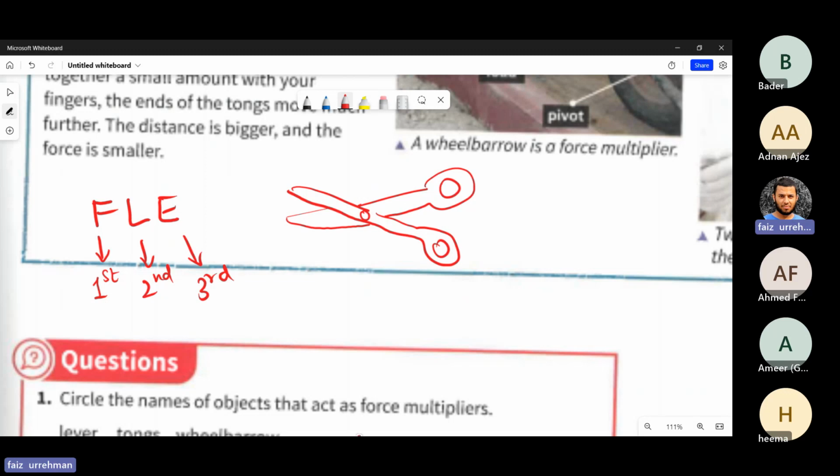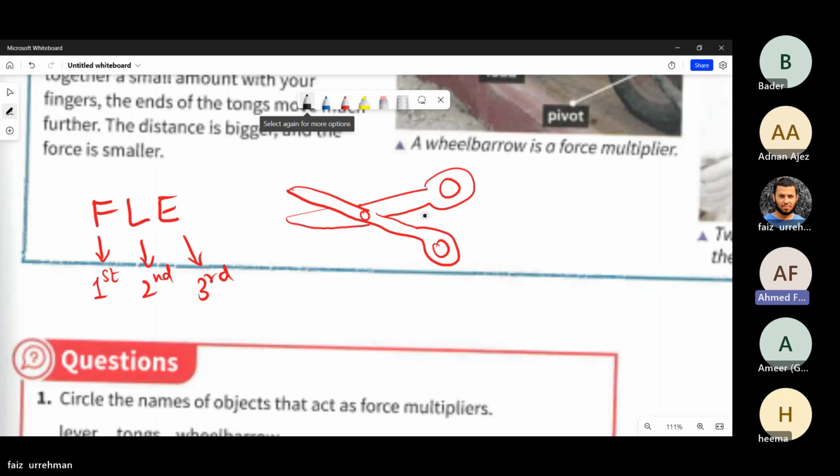Yes, Ahmad Fuad. I'm here, mister. It is the first class lever if the fulcrum is in the middle. The second class lever example is the scissors. Wait, the scissors is first type. Okay, how is it first type? Tell me, where is the fulcrum, where is the load, where is the effort?